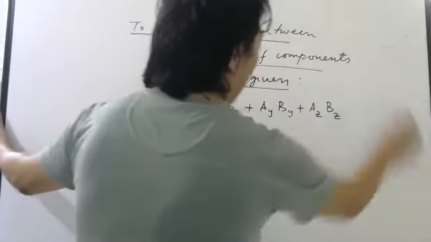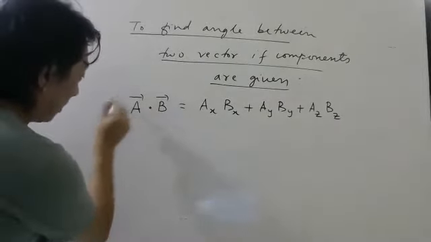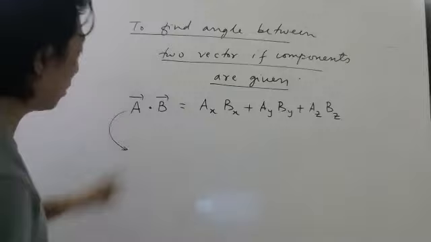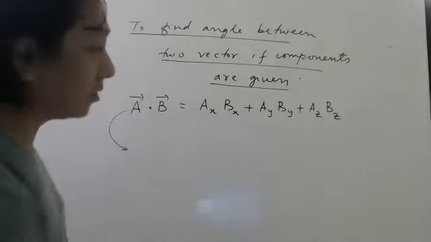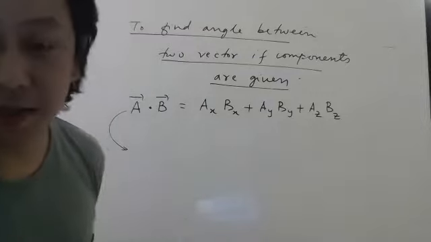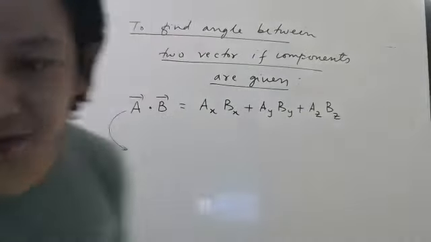Now, if they want the angle between the vectors, you can use the definition. What was the definition of A bar dot B bar? See, something is a definition, then something is a derivation. AB cos theta.